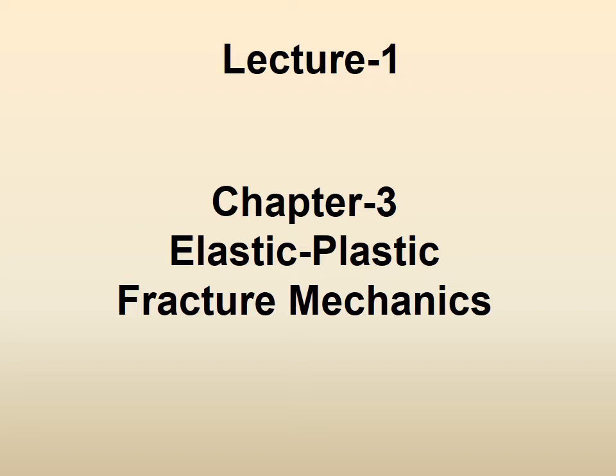Towards the end of the chapter, we saw that by making slight modifications to the linear elastic theory, we can adapt the same equations to approximately give us some solutions for metals and alloys which have plasticity at the crack tip. So some plasticity corrections were there, but of course that could be done only for metals which are showing only a little bit of plasticity.